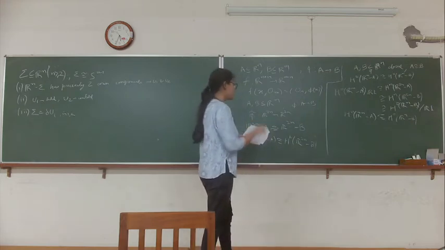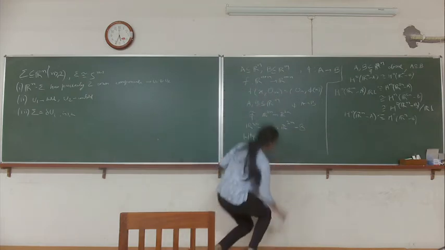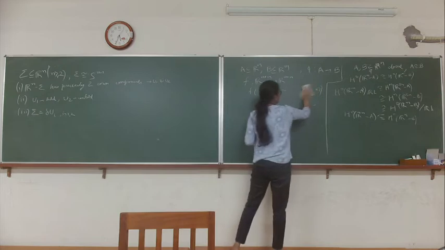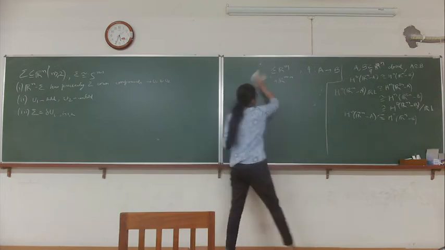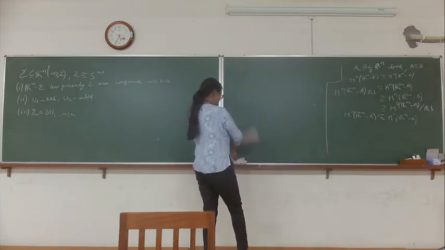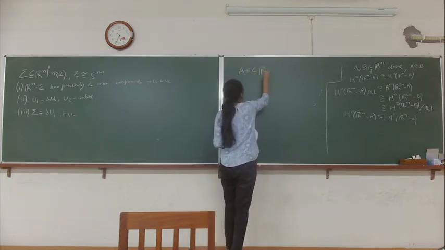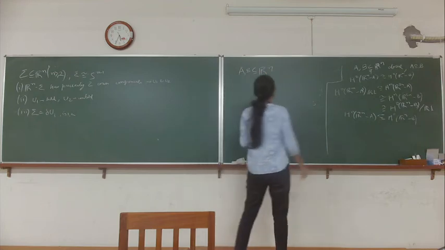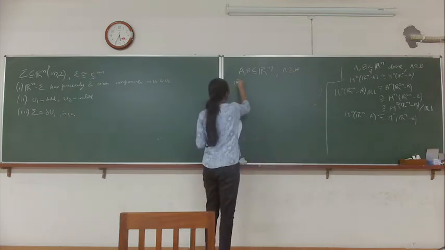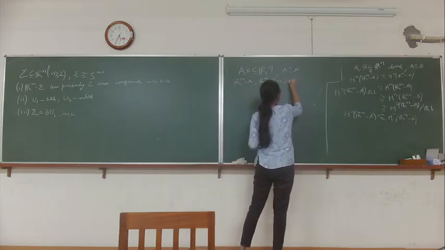Now, we have a stronger result from this, which says that if A, B are two closed subsets of R^n, now in this case, they may not be proper, which is important here, then the same result still holds, and we get the equality of the number of connected components. So if A, B are two closed subsets of R^n, which may not be proper, and they are homeomorphic, then R^n minus A and R^n minus B have the same number of connected components.